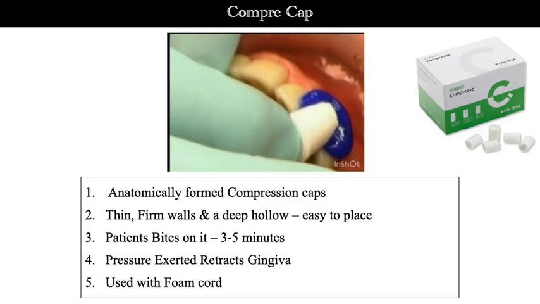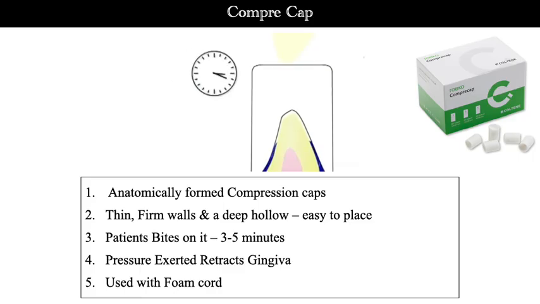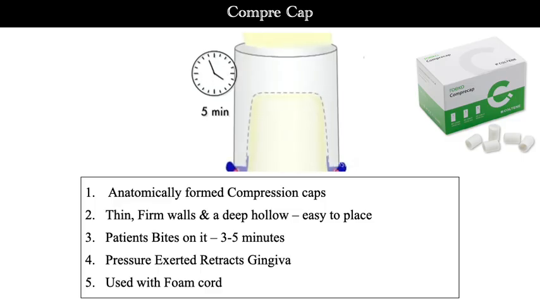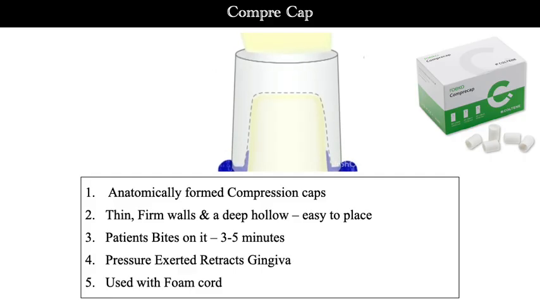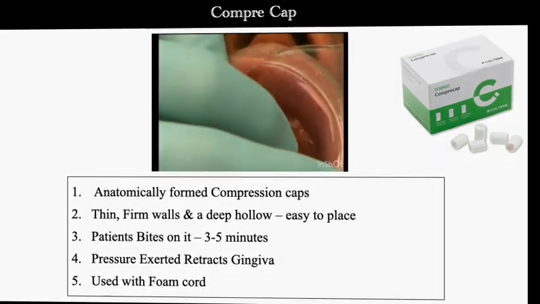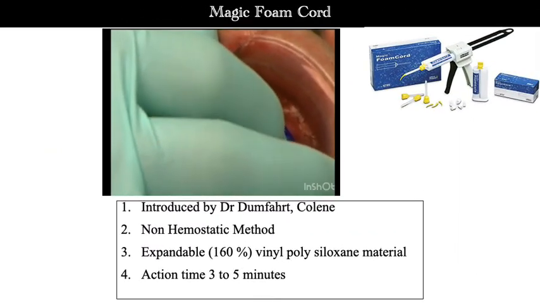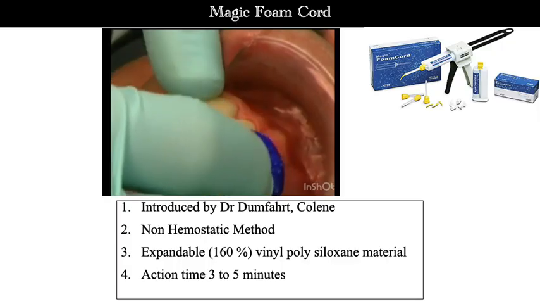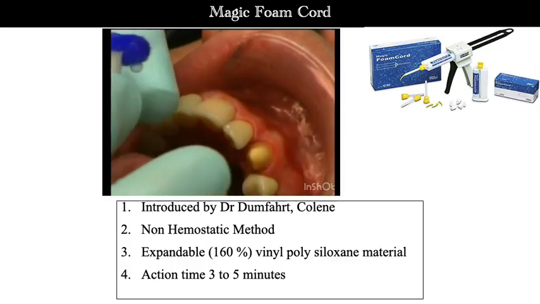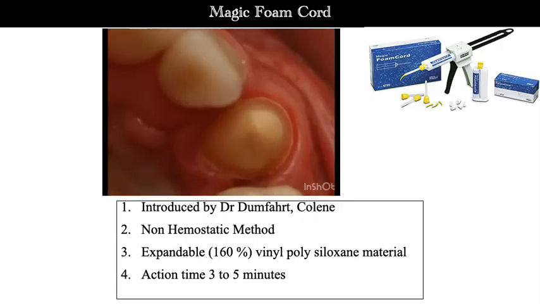It is quite easy to place. You place it on the prepared tooth and ask the patient to bite on it for about 3 to 5 minutes, and the biting pressure exerted retracts the marginal gingiva. It is used quite commonly along with Magic Foam Cord. So the Magic Foam Cord goes well with the Comprecap.